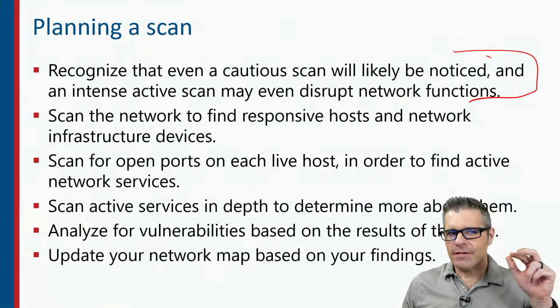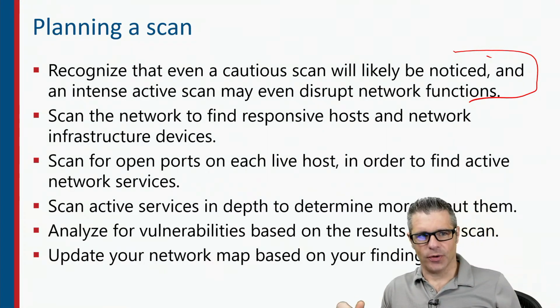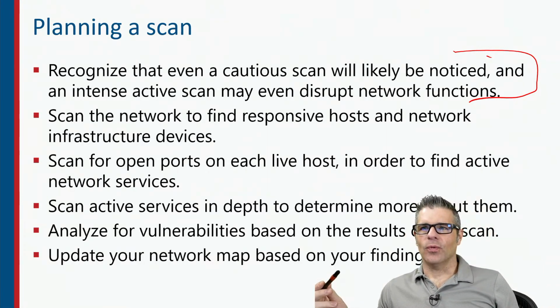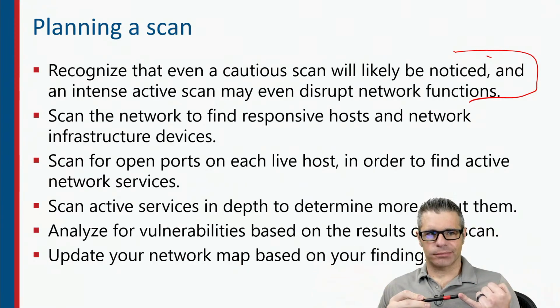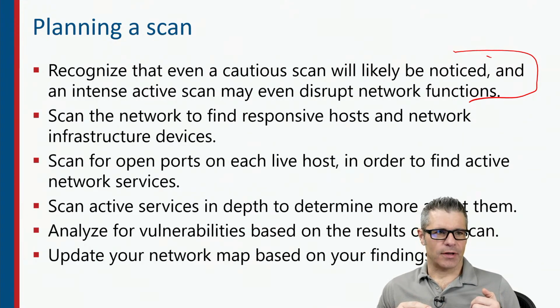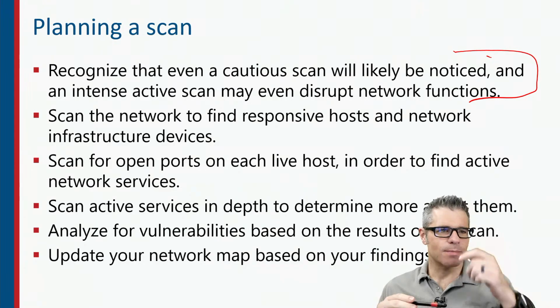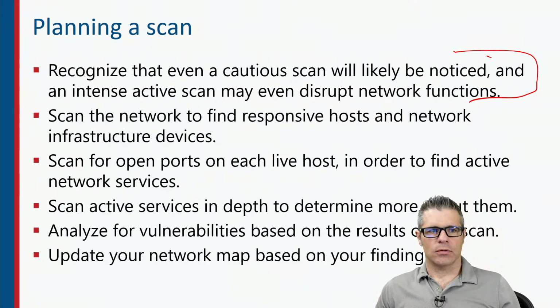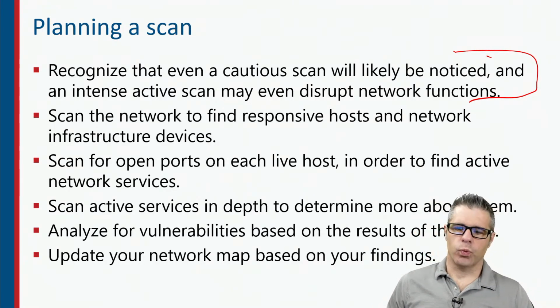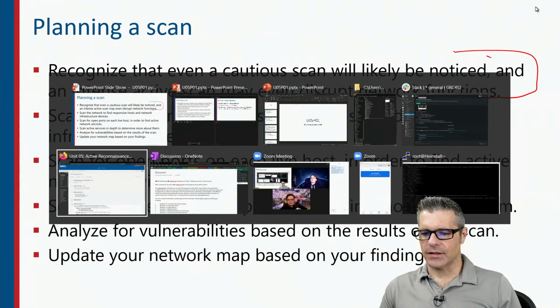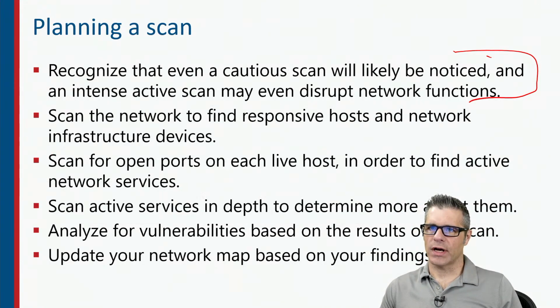So even if we're doing the stealth scan mode in Nmap, we probably are going to trip some wires somewhere. A well-defended network will probably have a network intrusion detection system on it that's looking for alerts, weird network traffic that is raising some red flags.